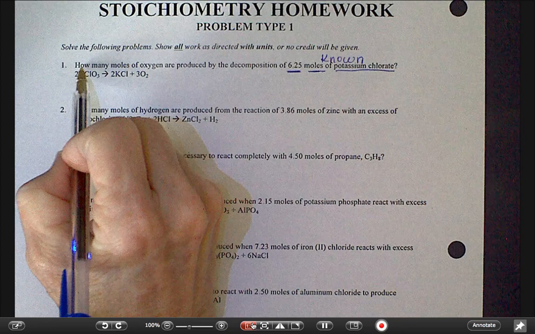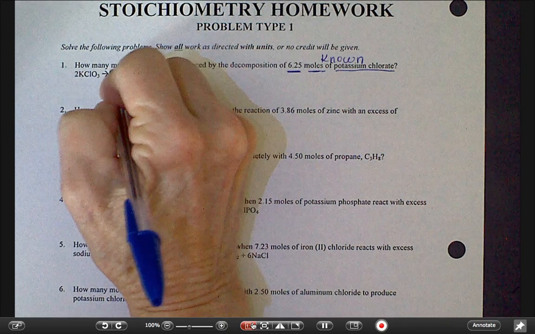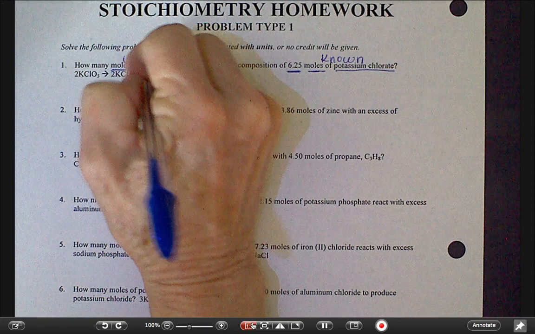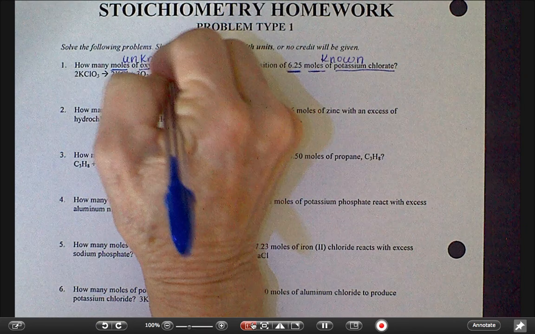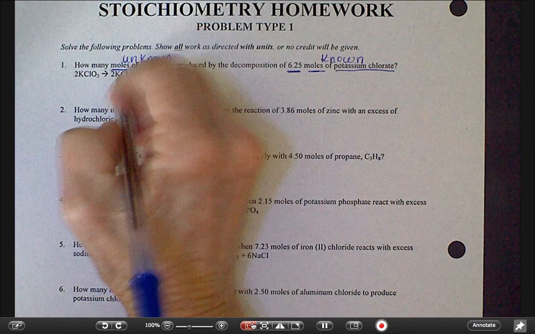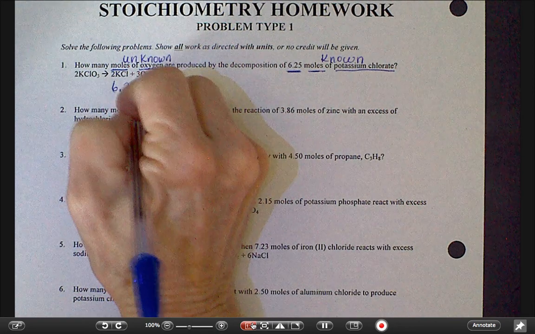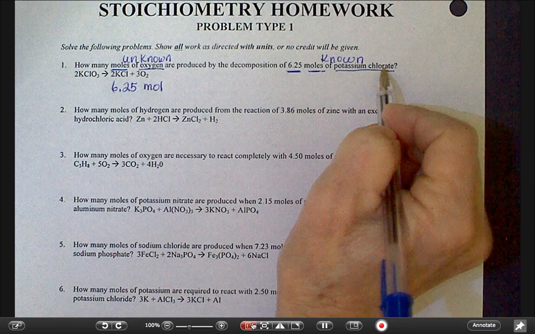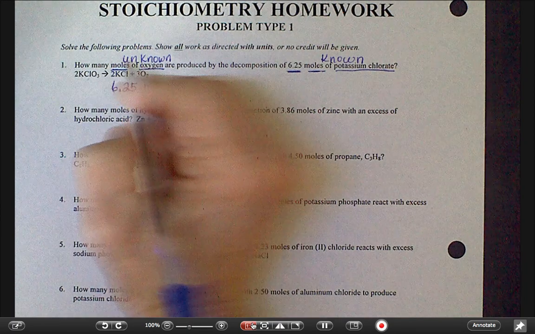Go to the how many. How many what? Of oxygen is our unknown. So that's who you're ending in. Okay, so I write down my given, my known, 6.25 mole. Potassium chlorate is KClO3.